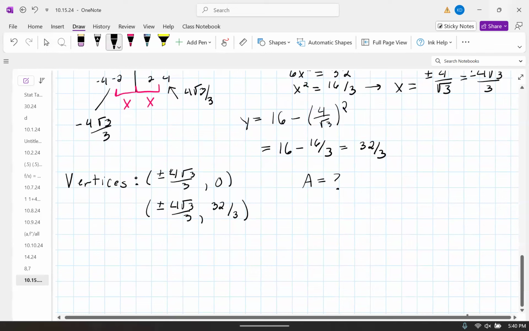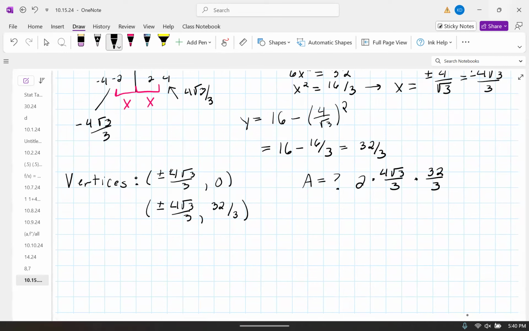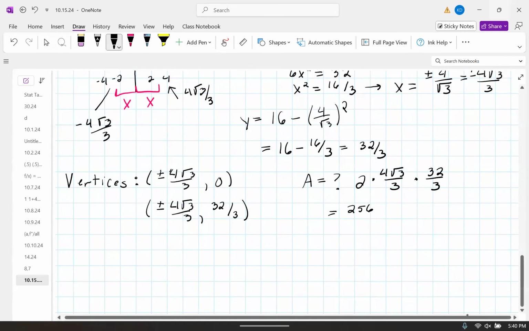So I get 2 times 4√3/3 times 32/3. I'm not doing that in my head. 8 times 32 is 256. √3/9. Can I divide that by 9? Oh, I cannot. That's our area.